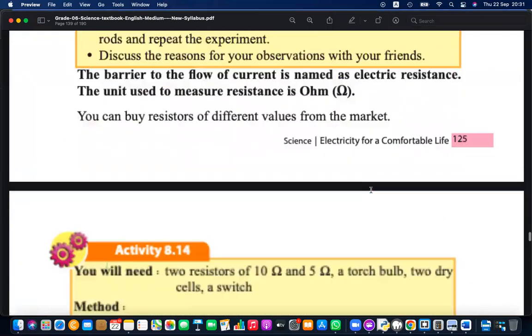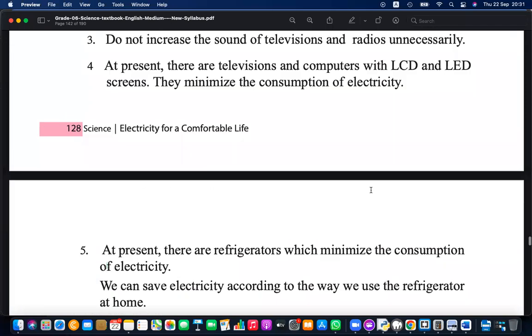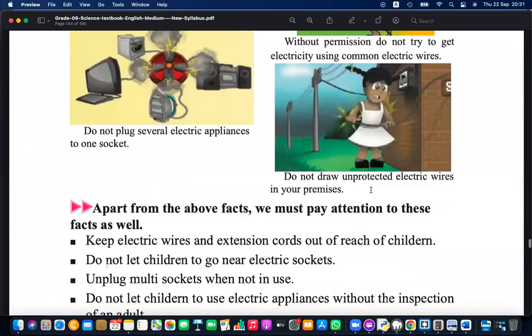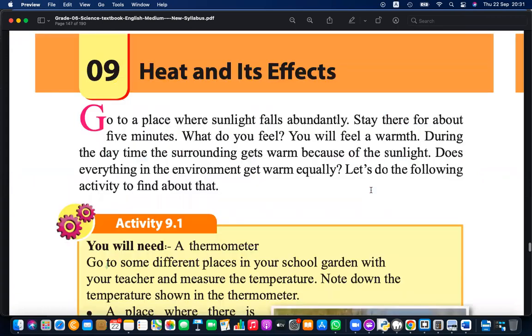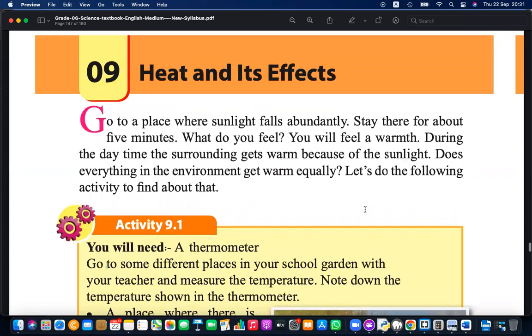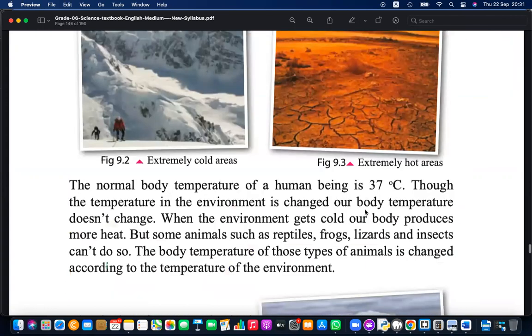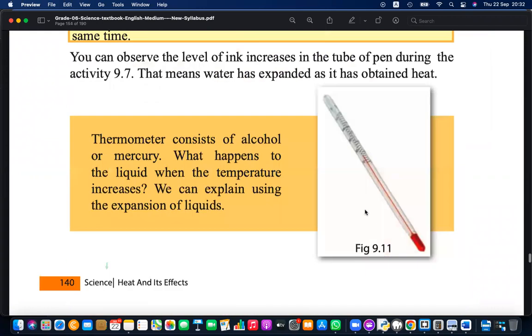But at the rate that you are learning, it might take a little longer than that. And also we need to plan for the term examinations too. After electricity, then we have to learn about heat and effects. I was thinking of doing it faster, but it seems it's a little difficult for you, right?